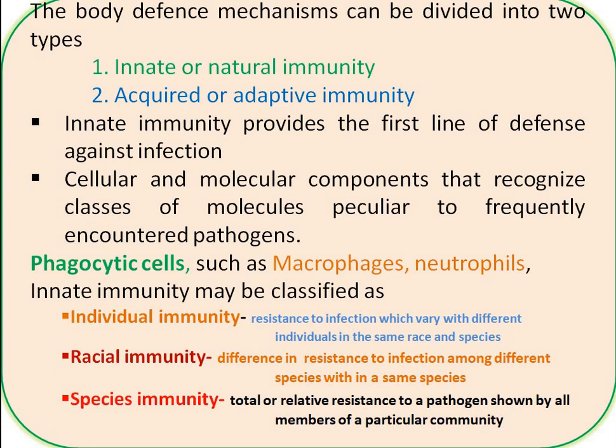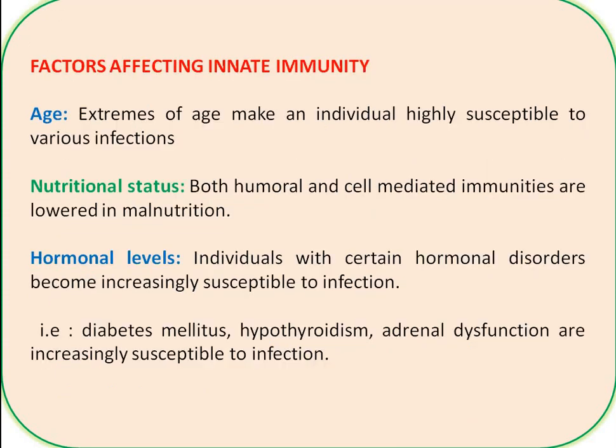Racial immunity is the difference in resistance to infection among different races within the same species. Species immunity is total or relative resistance to a pathogen shown by all members of a particular species. Is it clear? Okay.